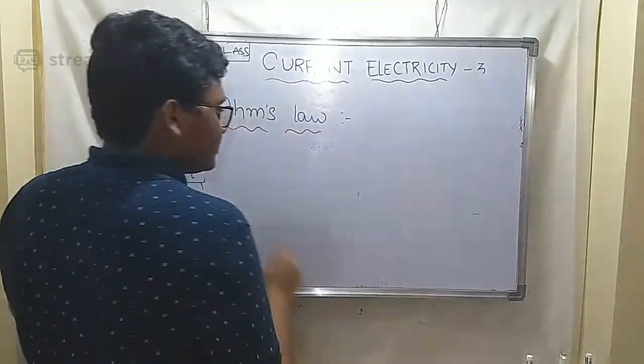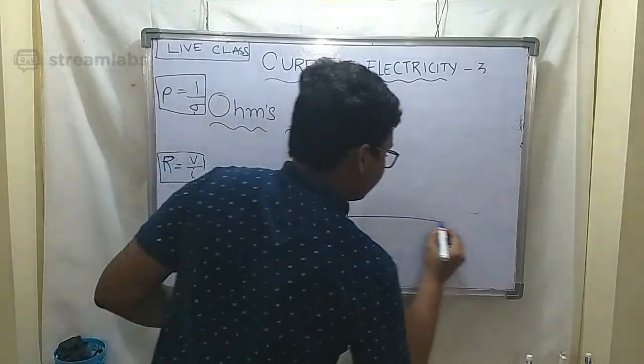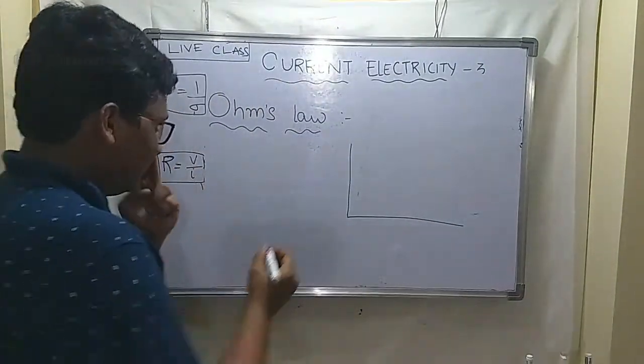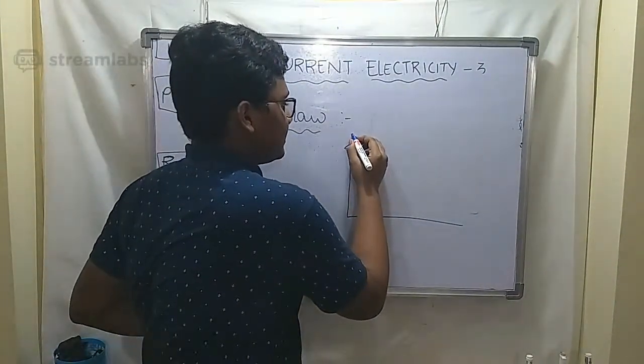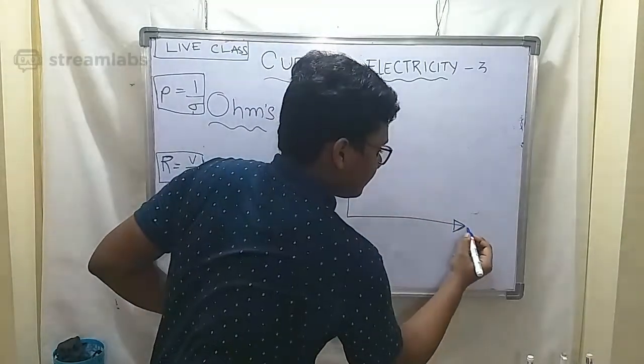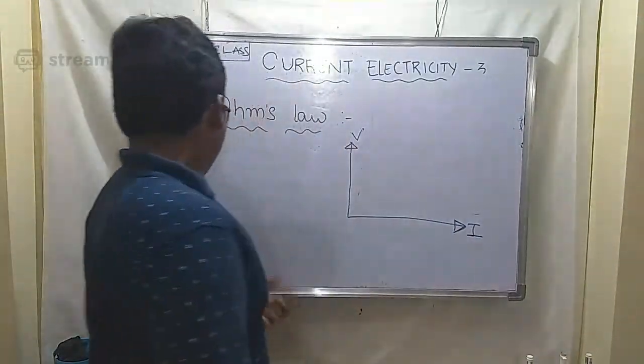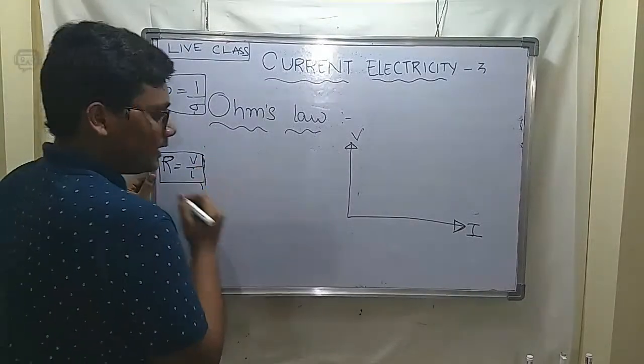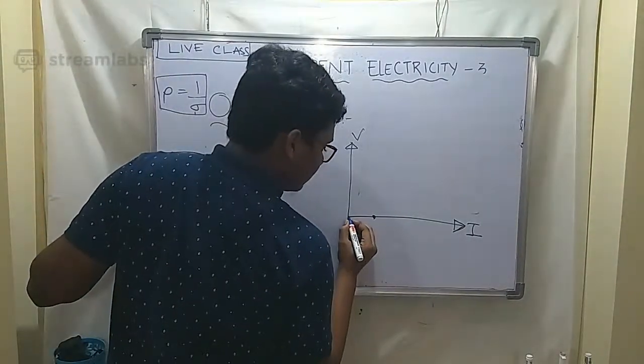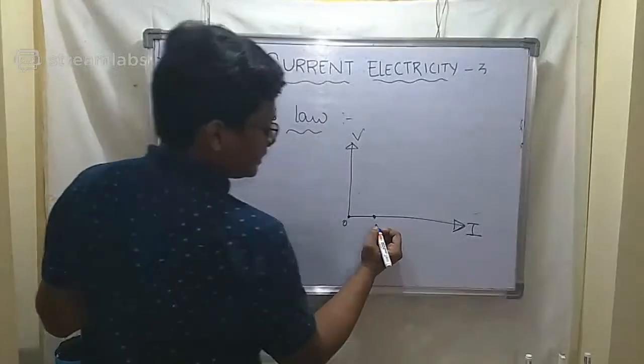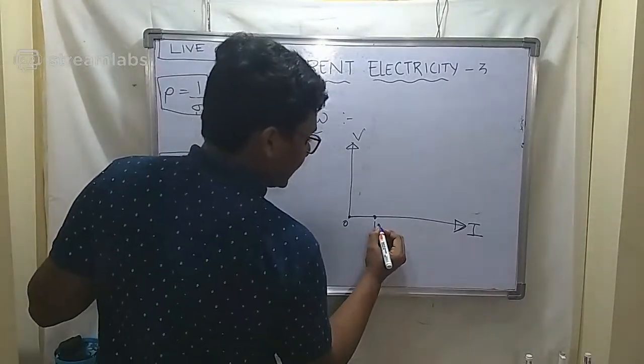Take this graph with V and I as the axes. If we take 10 on the V axis, with 0 as the origin, and 10 on the I axis, it goes as 10.